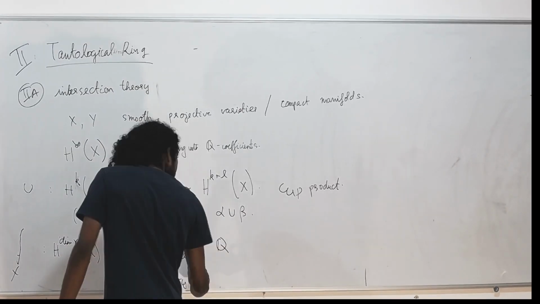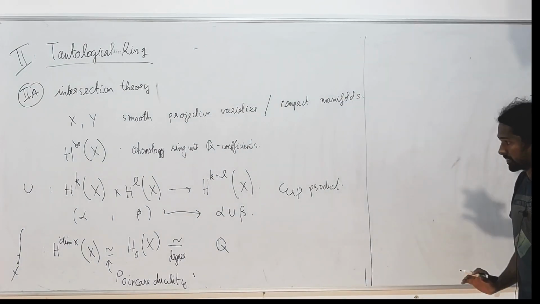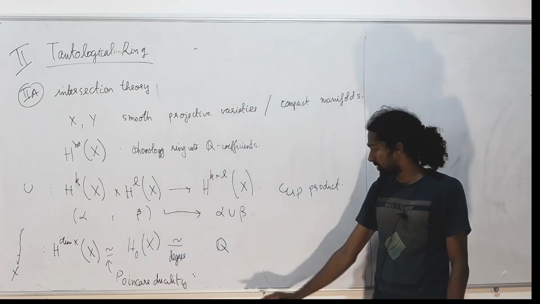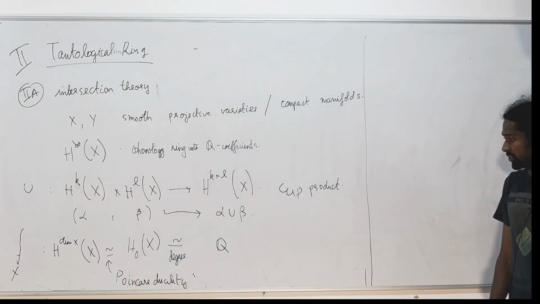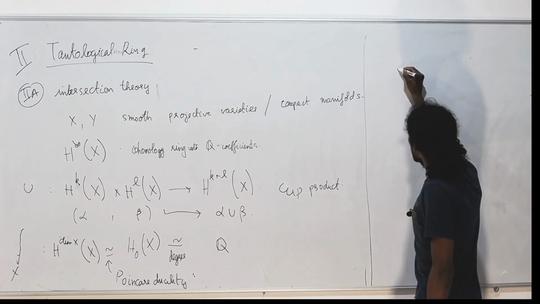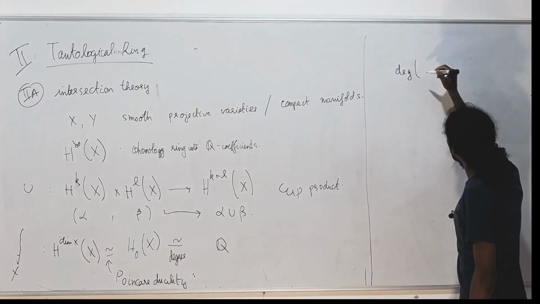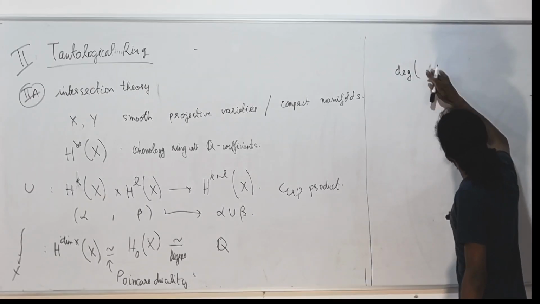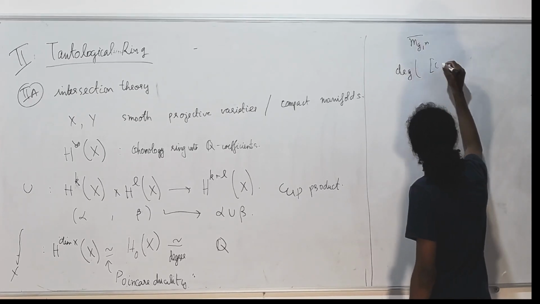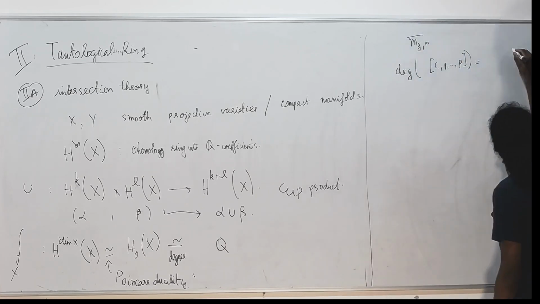And here, I should say that with this degree map, when you're on an orbifold, you have to be careful. You have to count points with automorphisms. So the degree of a point, in M-g-n bar, let's say the degree of a curve, will be 1 over the automorphism.